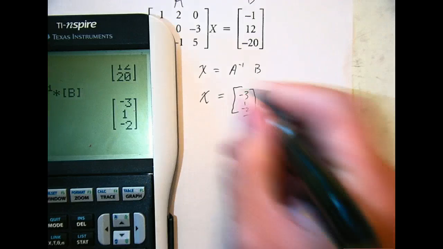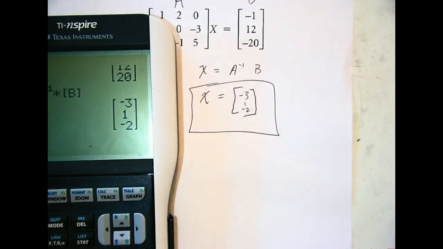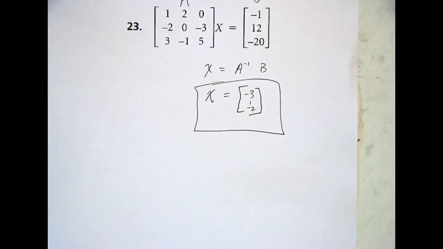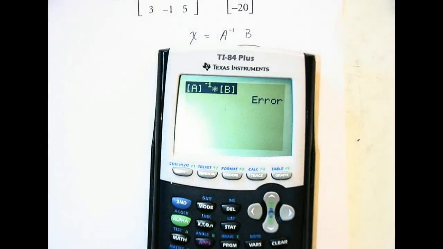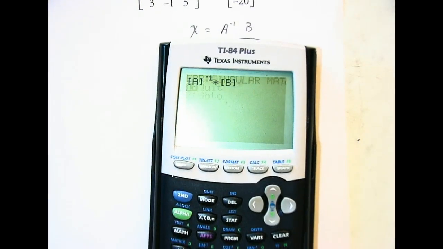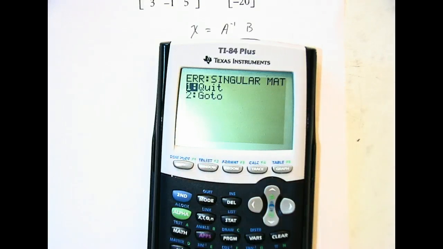All right. Now, if you do get an error message, like Alyssa was working ahead for me, and she did number 24 on the matrix side. You don't have to do 24 on the matrix side, but when Alyssa did it, she got an error. It says singular MAT.